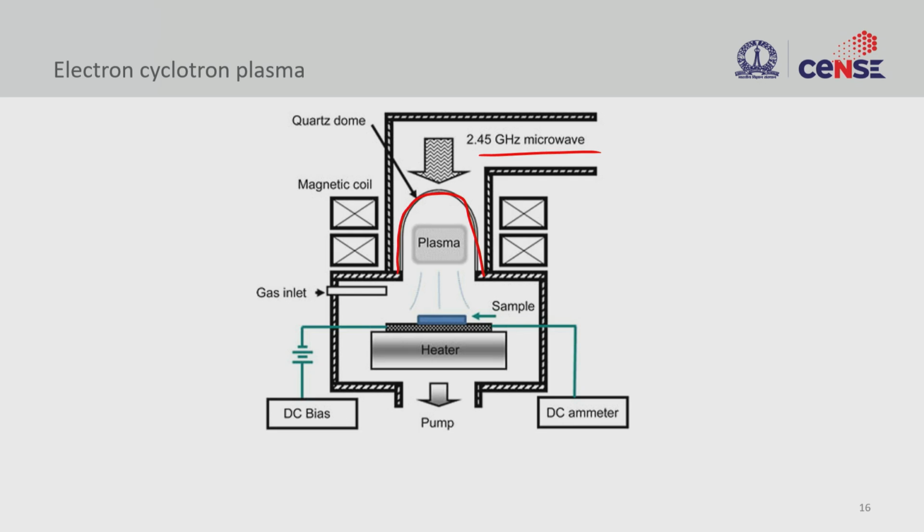So the microwave creates the required energy to create the plasma, and the rest is pulled through the pressure difference and the DC bias that we apply. Unlike the other configuration that we saw, ICP, here we use a DC instead of an RF feed. And this is also used in some of the R&D developments and also some industrial processes as well.